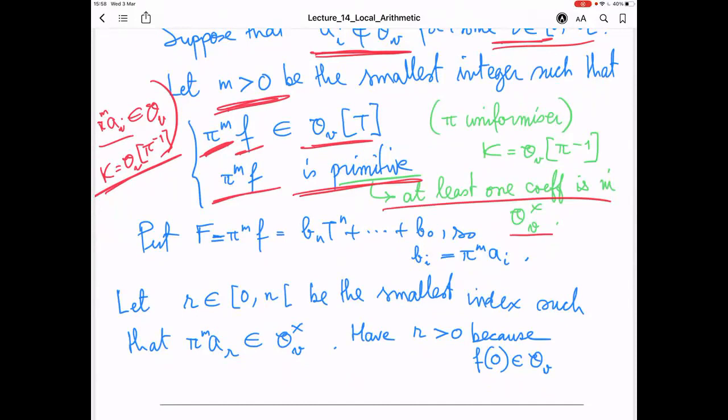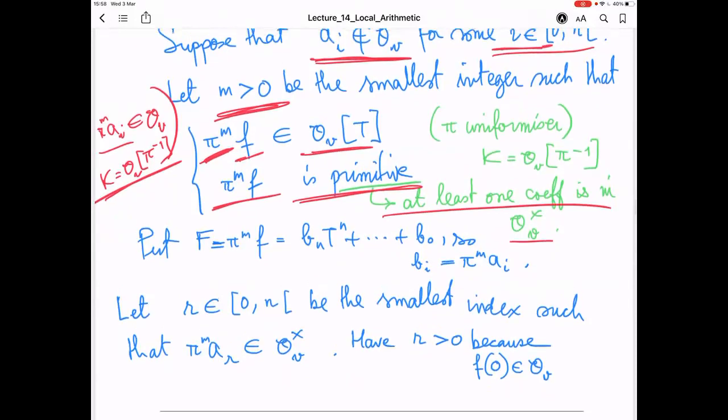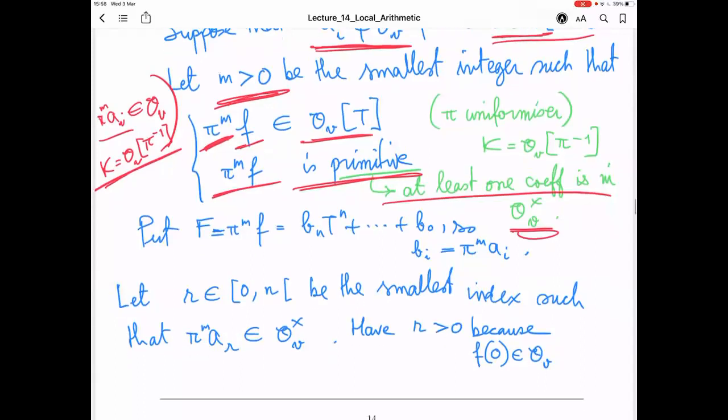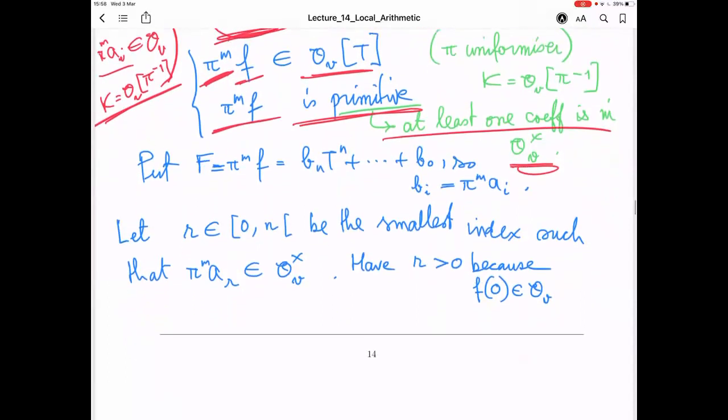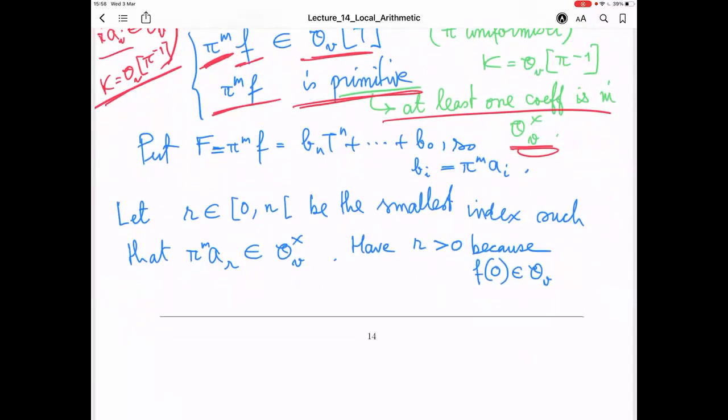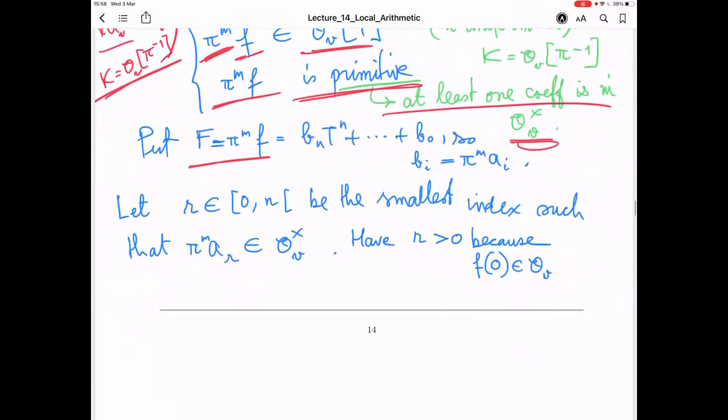No. I just multiply by a power of pi enough for the coefficients to be in OV, and such that one of the coefficients is a unit. So the smallest possible m is what I should take. Okay, then let's call capital F this new polynomial, pi to the m times f.